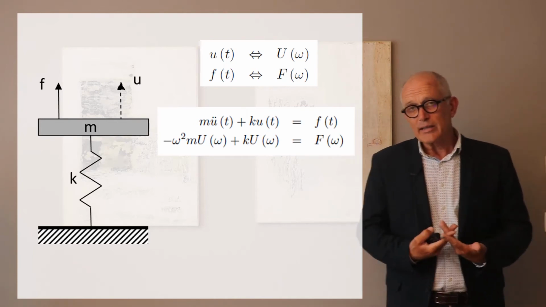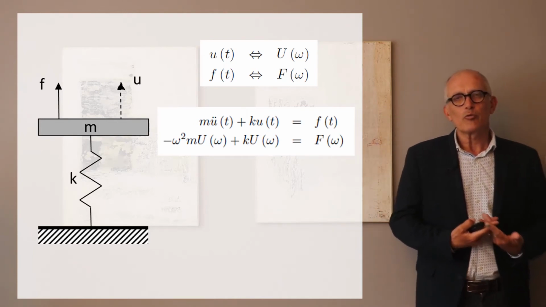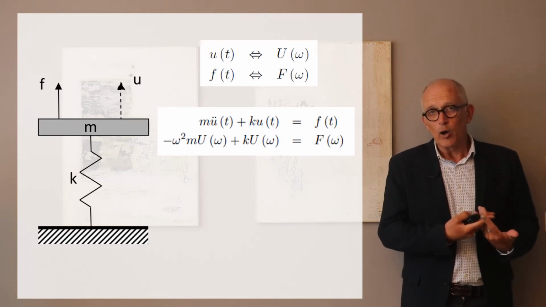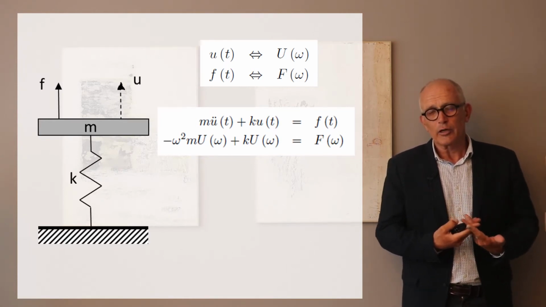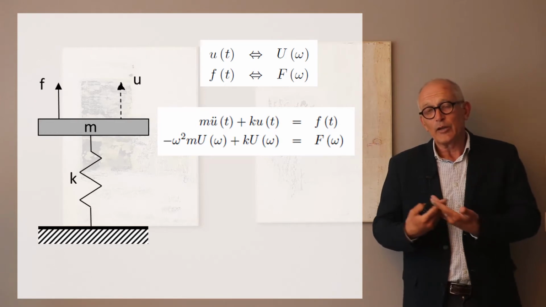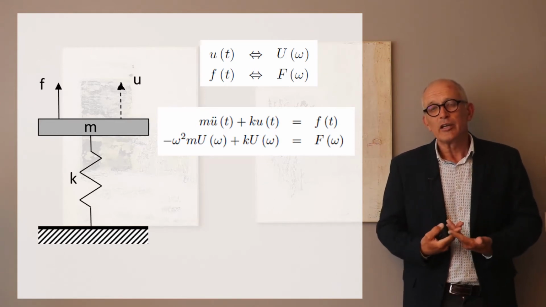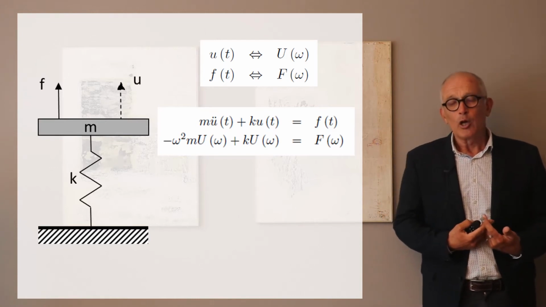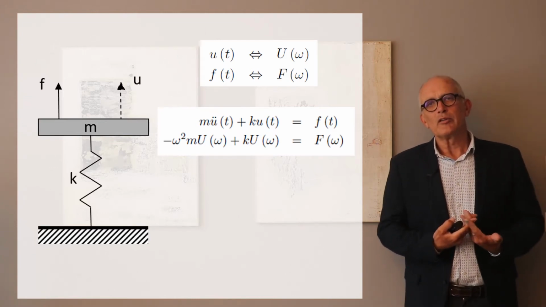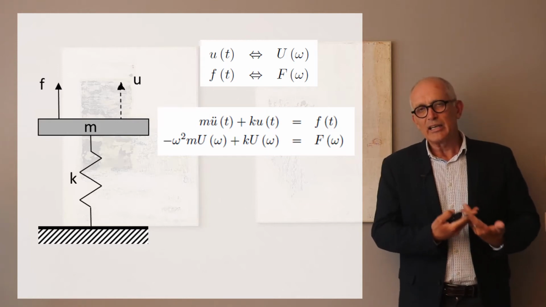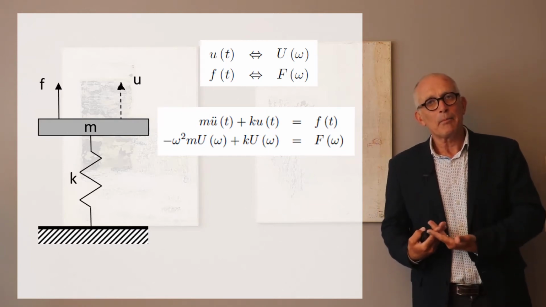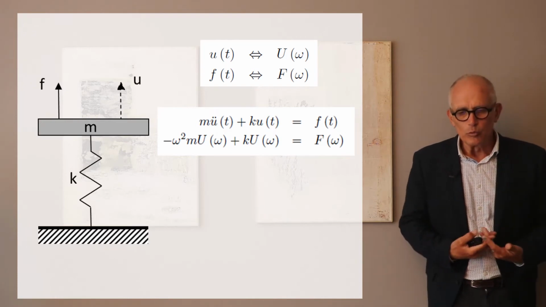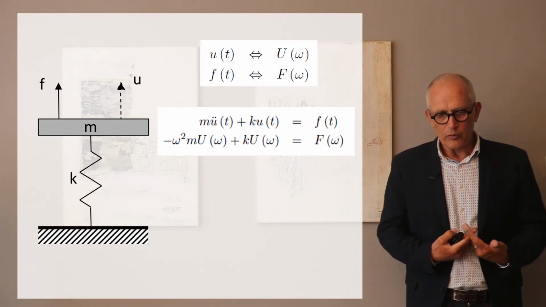And if we translate that to the frequency domain, remembering that a first derivative gives an i omega factor in the frequency domain, and a second derivative gives a minus omega square factor, we see that in the frequency domain this equation is just (k minus omega square m) times the spectrum of displacement is equal to the force spectrum.